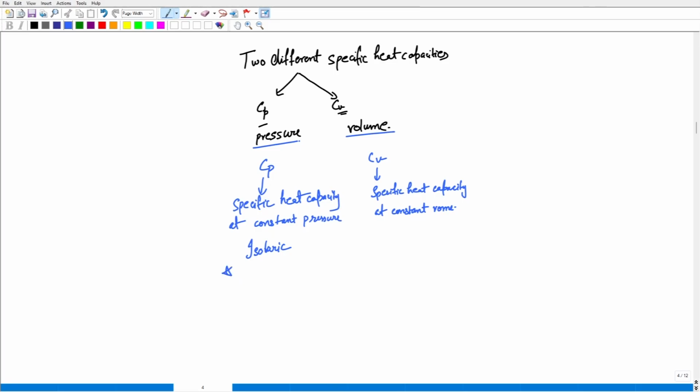So if the process is isobaric, we should use Cp as our specific heat capacity.